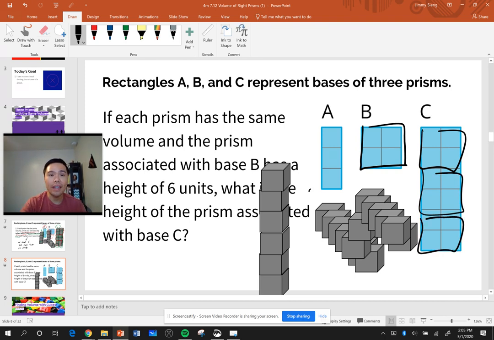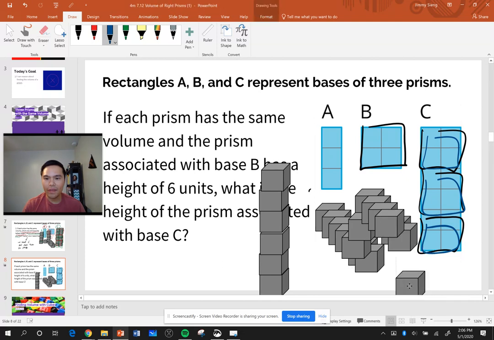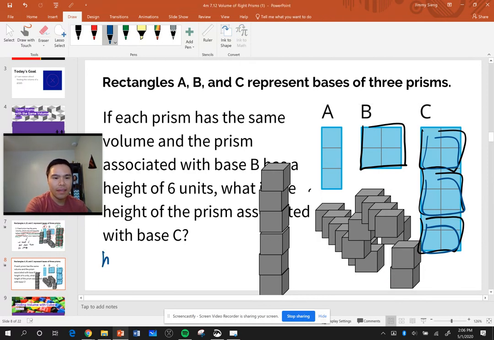That's the first layer, and then you put a second layer, right? So 1, 2, 3 more. That's a total of 6 of those B's, right? That we move for C. And it looks like we'll have a stack of 2. So the height of C is 2 units.